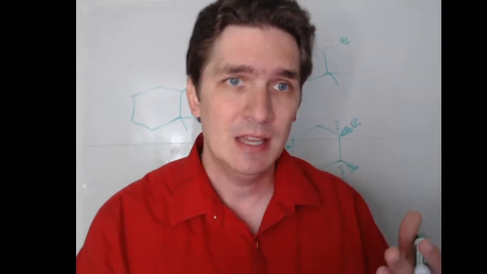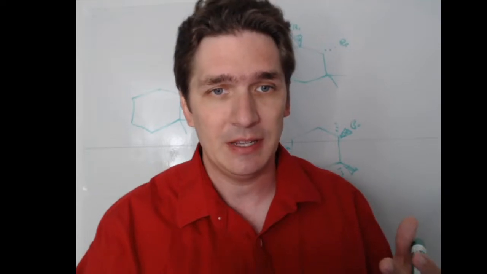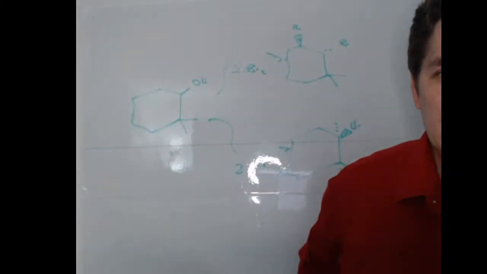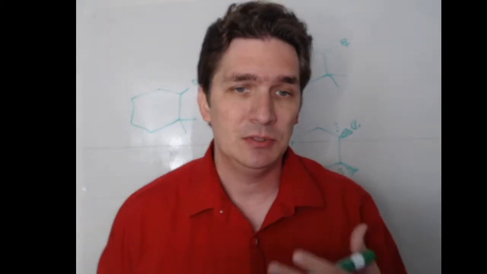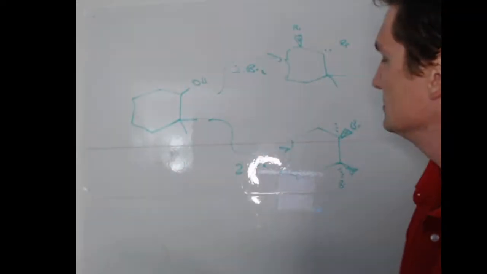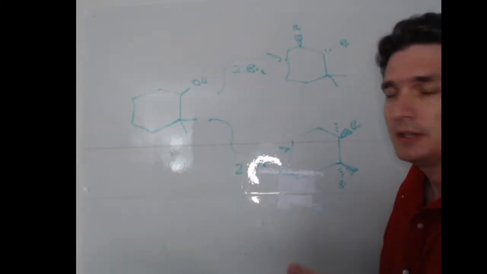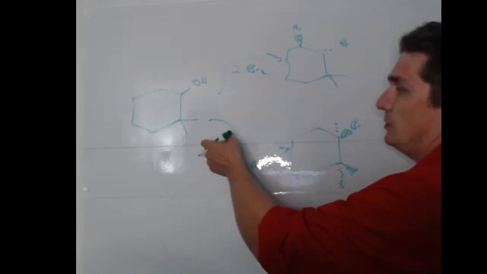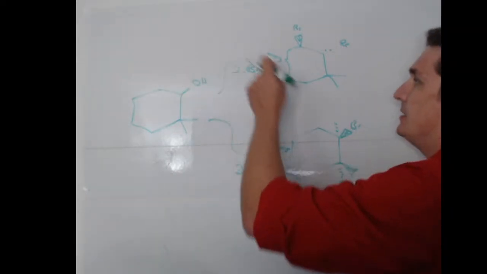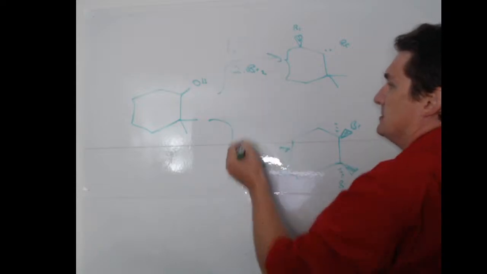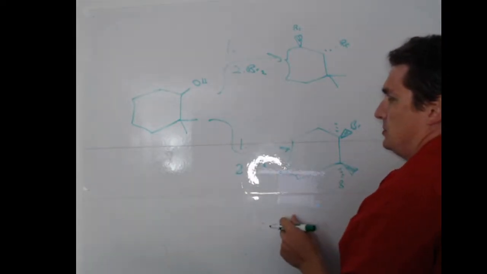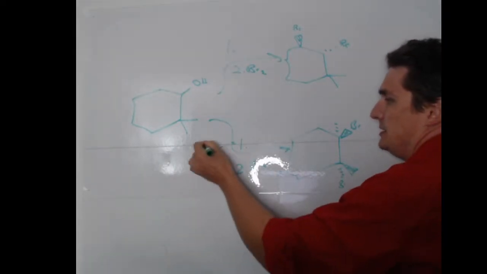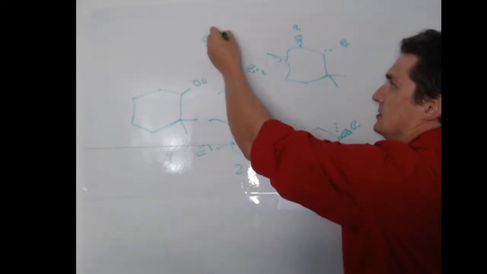But anyway, back to the question I got asked was, okay, how do I know when to use solvents? When are solvents important? Why do you need them? Well, good question to ask here, because what you see is that one of these is an E1 mechanism, the other is an E2. So whatever we're doing in the first step here, this is an E1 mechanism and this is an E2 mechanism.